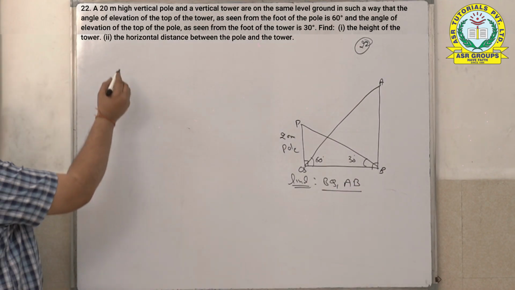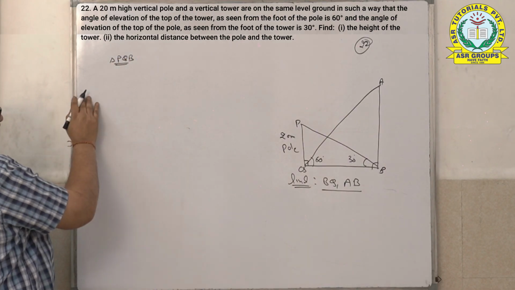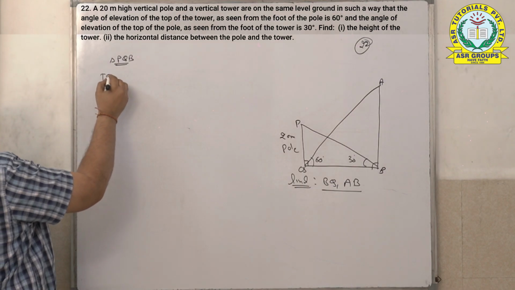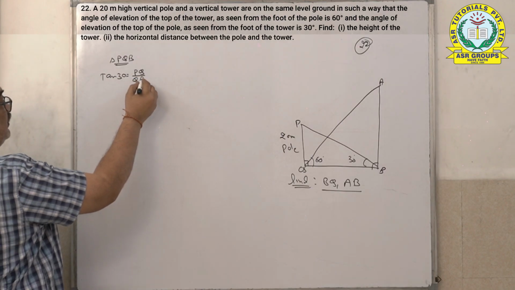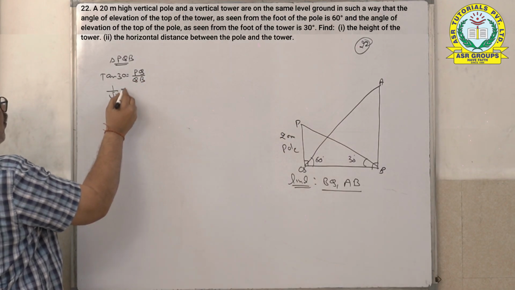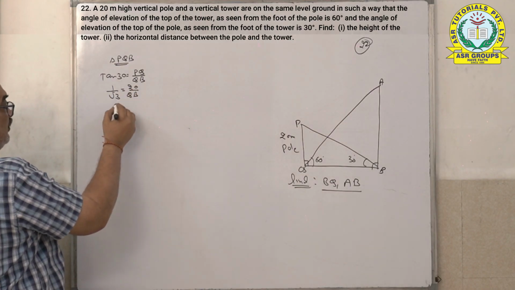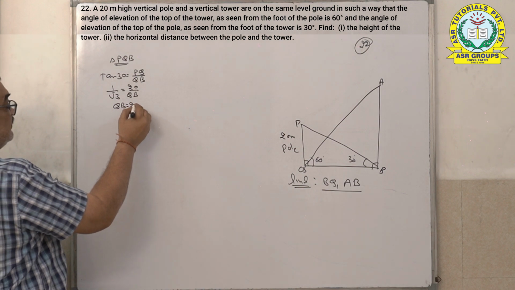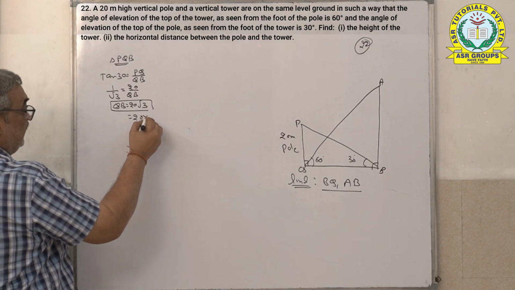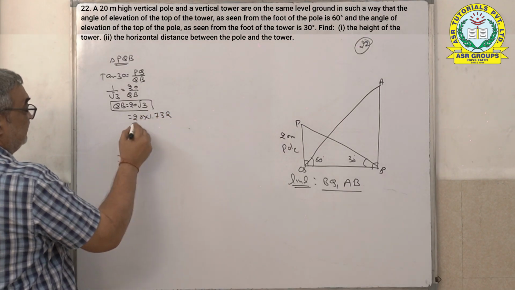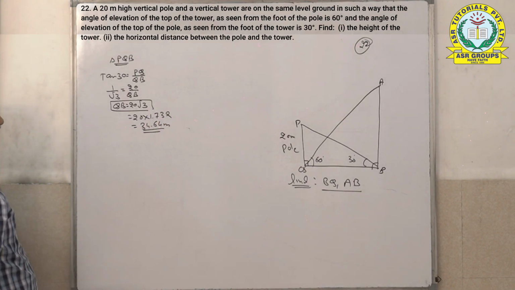First I'll use triangle PQB. Tan 30 is PQ upon QB, 1/√3, 20 upon QB. QB is 20√3. Calculate 20 into 1.732, 34.64 meter.